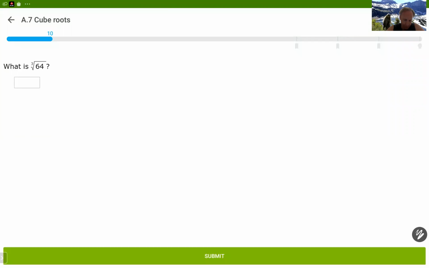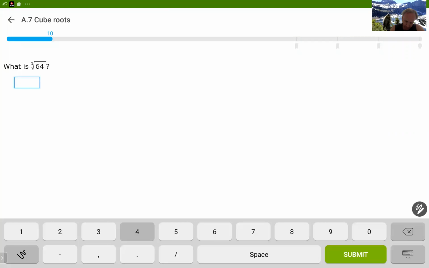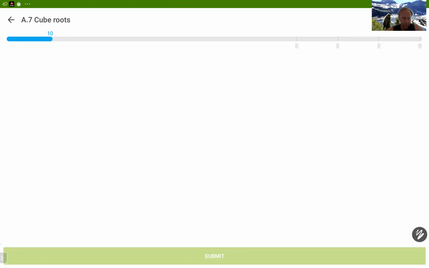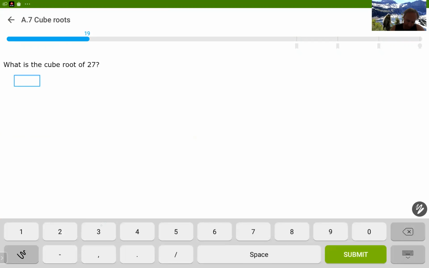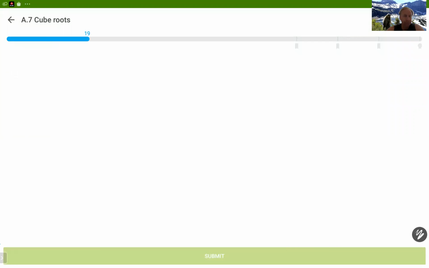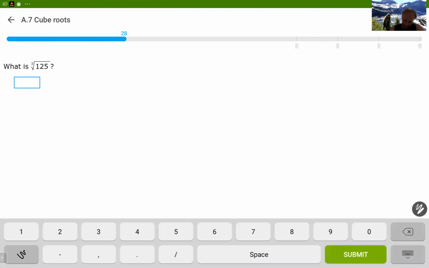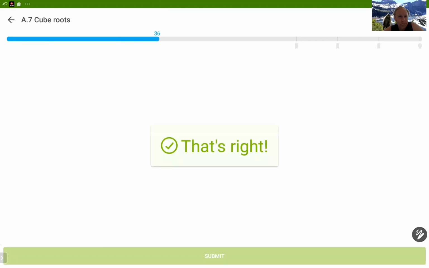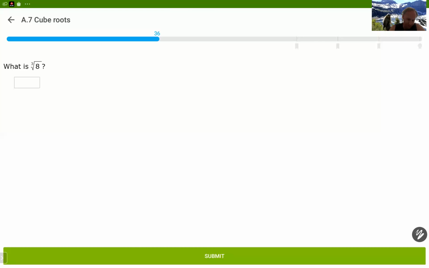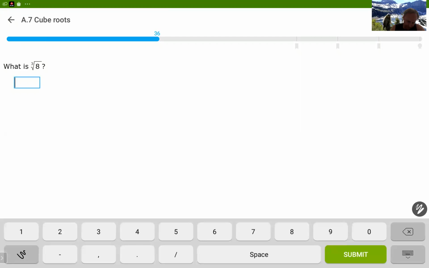And the cube root of 64 is 4. 4 times 4 is 16, times 4 is 64. Cube root of 27 is 3, times 3 is 9, times 3 is 27. 5 times 5 is 25, times 5 is 125. 2 times 2 times 2 is 8.